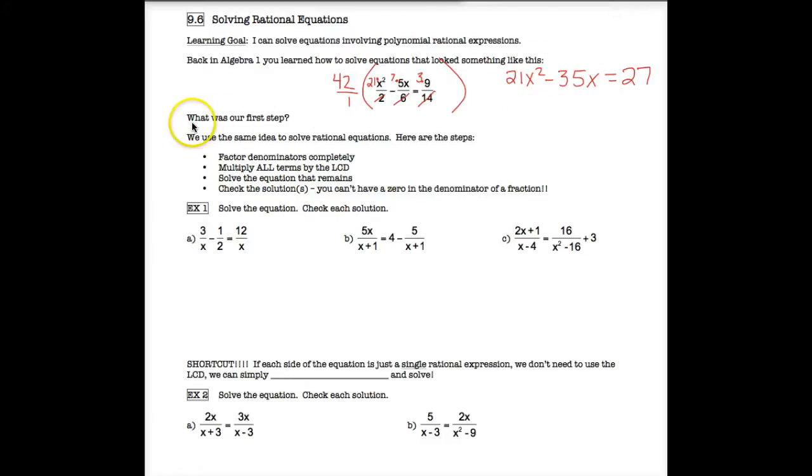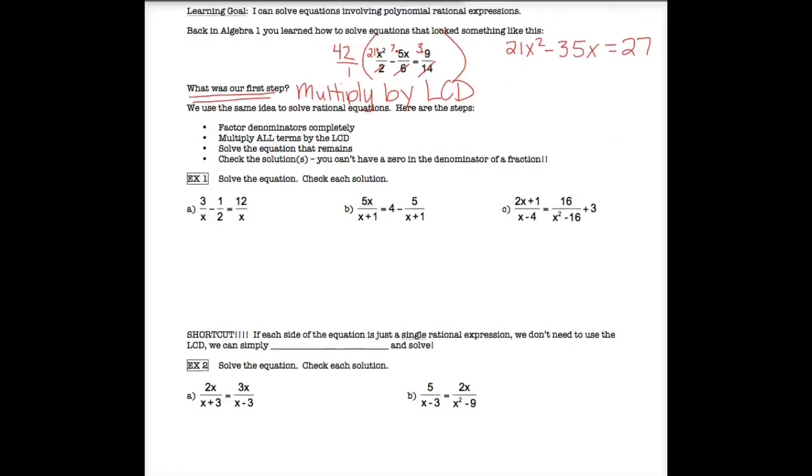But the key is focusing in on what our first step was. That was when we multiplied by 42, the LCD. That is going to be the key to solving these rational equations: finding and multiplying by the least common denominator. We're going to use that same idea and just take it to the next level.